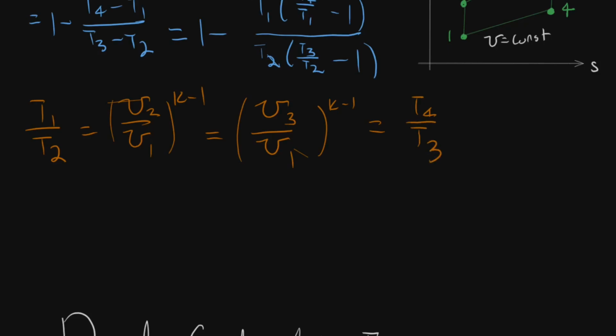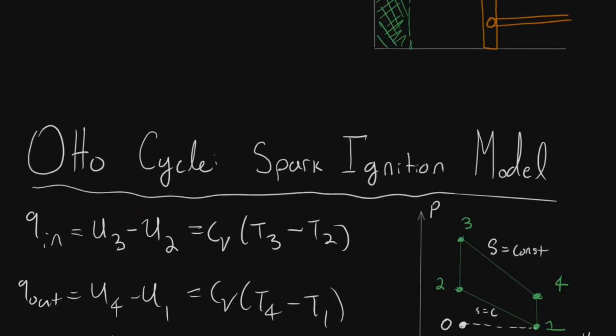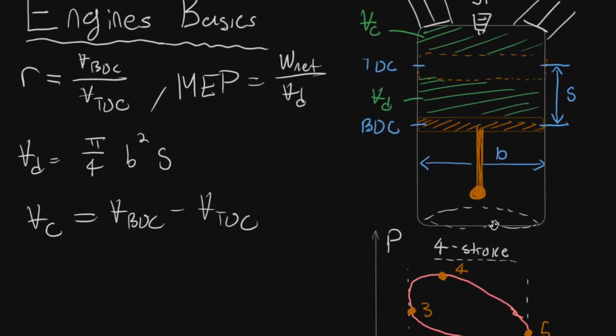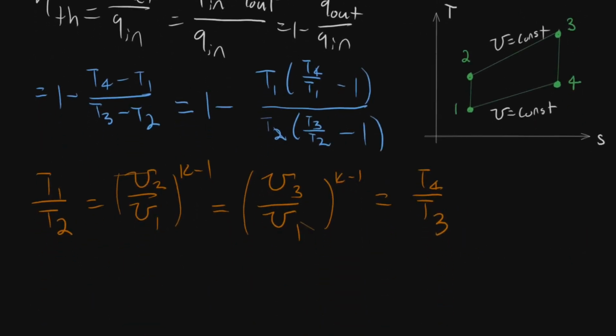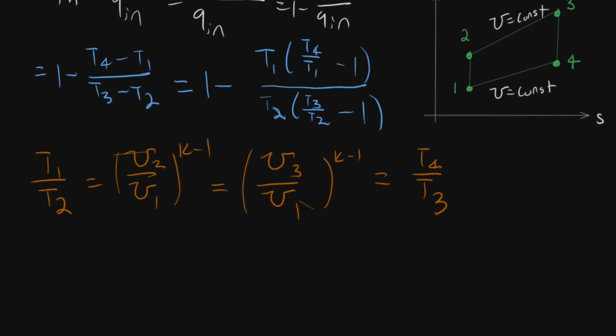And now, remember that compression ratio thing I was talking about earlier, right? The bottom dead center over the top dead center. Well, that's going to come in handy here because it's usually something you're going to know. You can go look up the compression ratio for a real engine. Usually we go 1, 2, 3, 4.